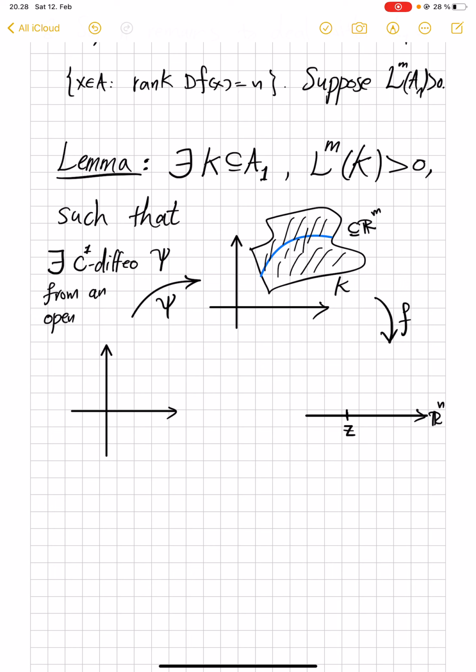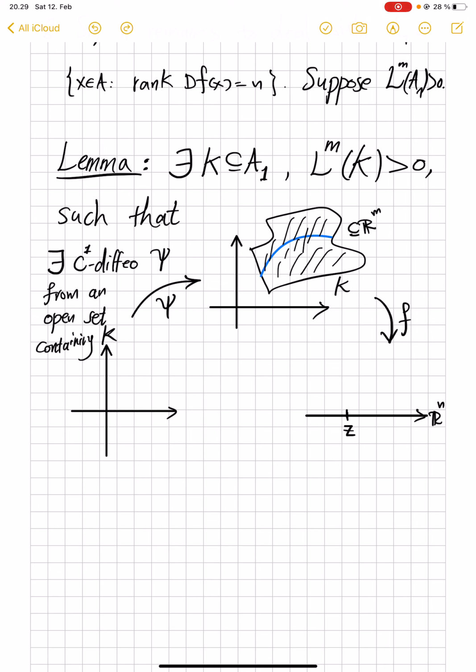On an open U containing this K. So K is inside some larger U, which I don't want to draw to keep my picture simple.